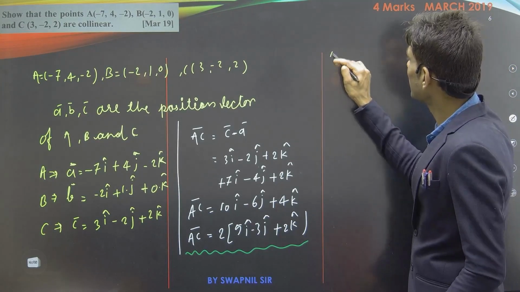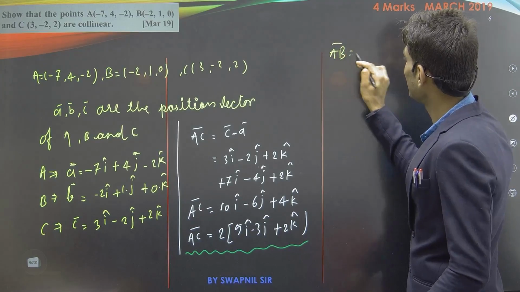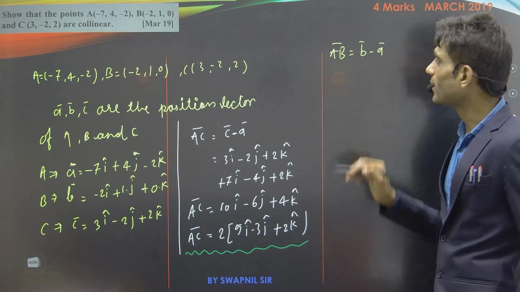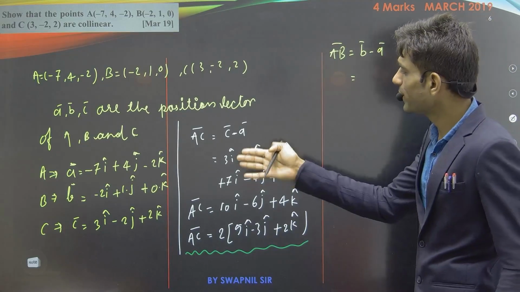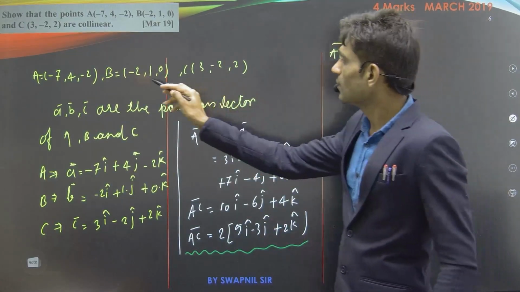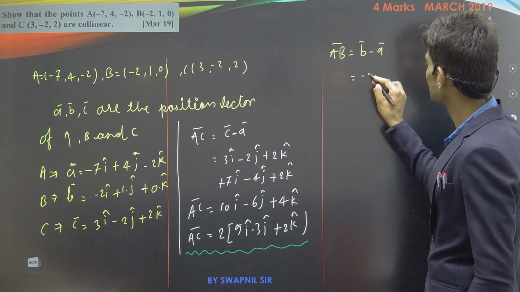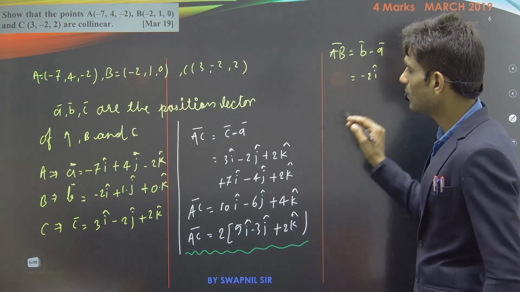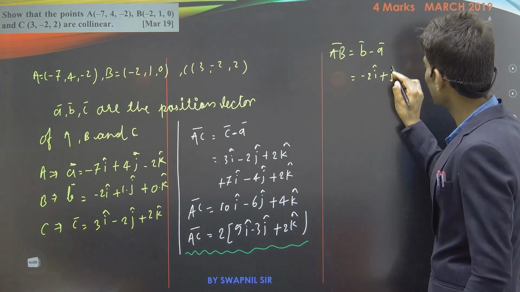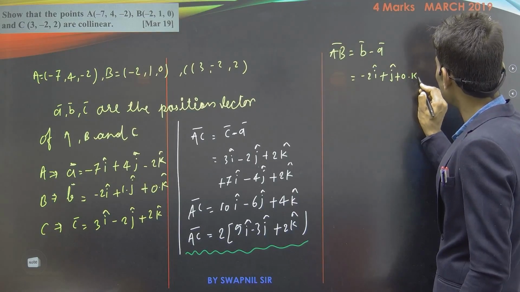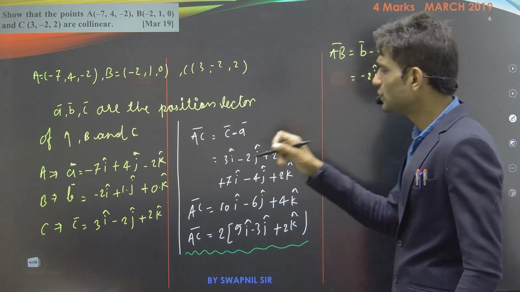AB bar can be written as position vector of B bar minus position vector of A bar. So what is the position vector of B bar we have here? Substitute this value: minus 2 times I cap plus J cap plus 0 times K cap, minus the position vector A bar.